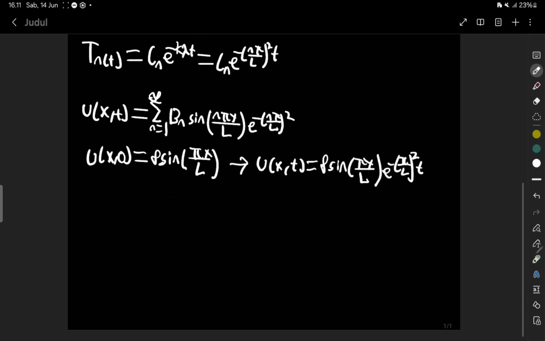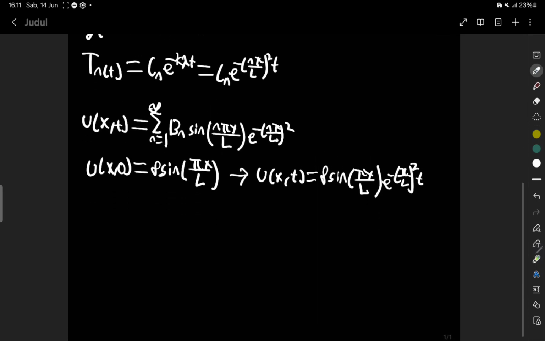So first compute sine of pi times 0.5, that equals sine of pi per 2, and that is 1.